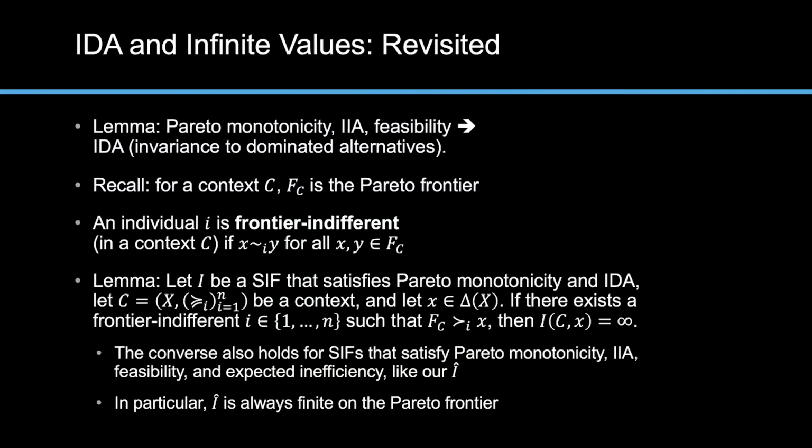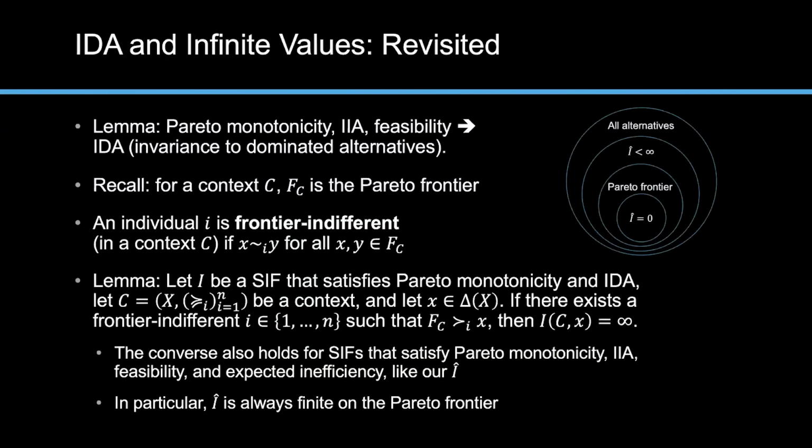And you get infinite inefficiency if and only if this point is strictly less preferred than the Pareto frontier by a frontier indifferent individual. So along the Pareto frontier, you always have finite inefficiency, but for alternatives that are strictly less preferred than the Pareto frontier by a frontier indifferent individual, you get infinite inefficiency.